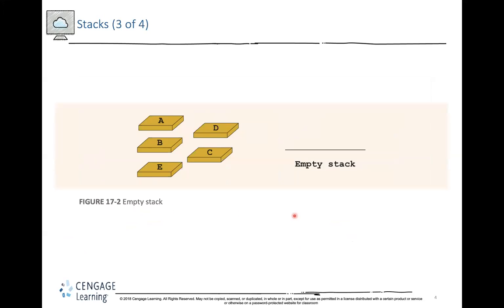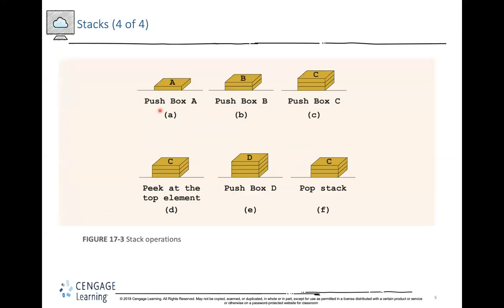Now here's a representation of an empty stack. So we have 5 elements that are waiting to be stacked. Now here's a simple process to look at the stack operations. We may push a box A to the empty stack, and now it has 1 element.